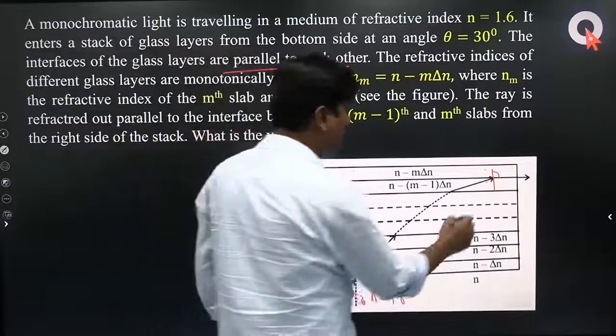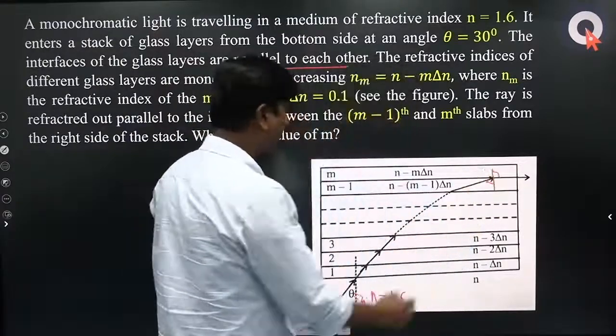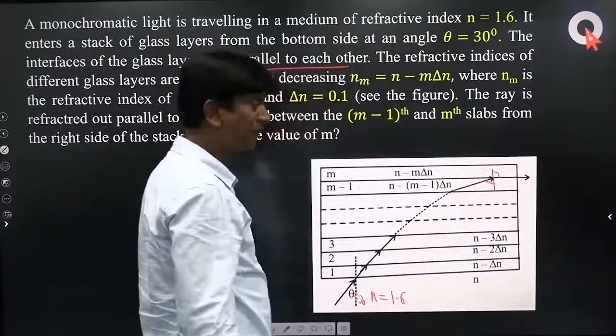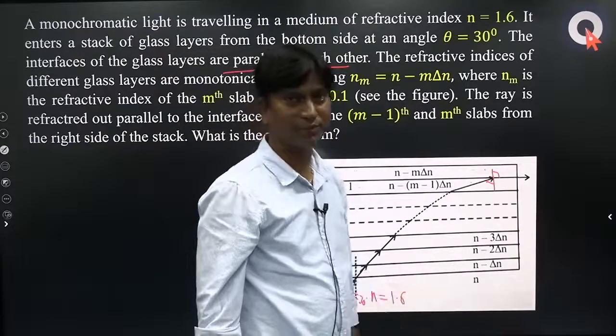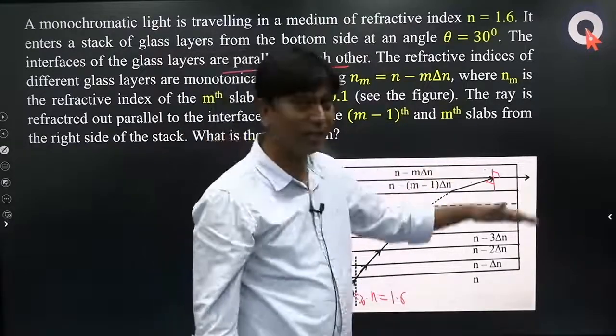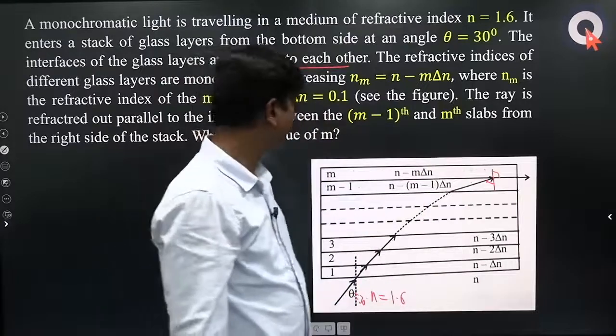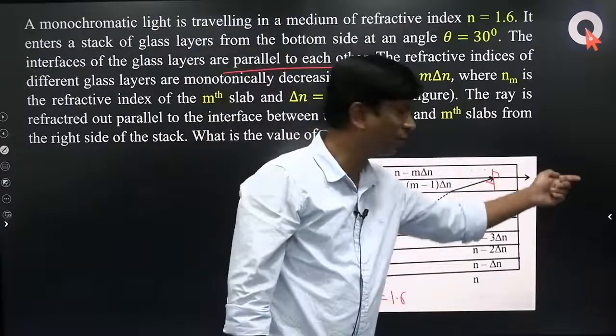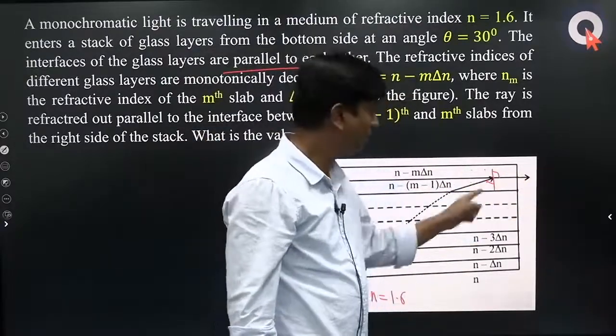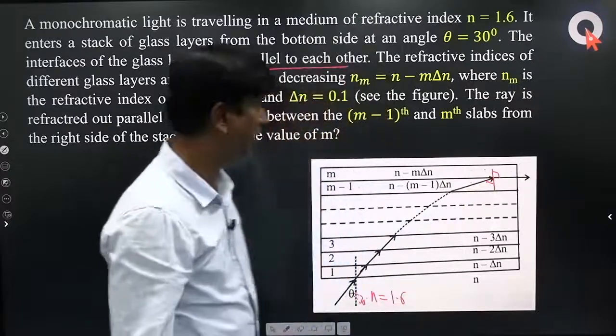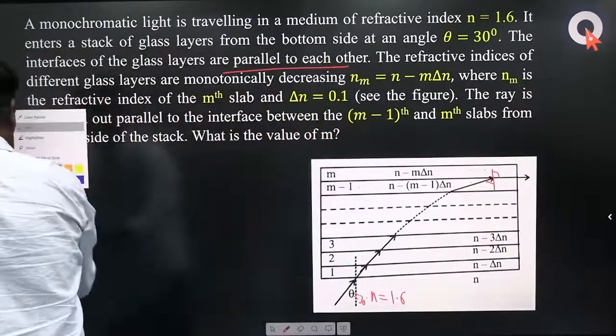So this will become the critical angle between these two layers, because it is always going from denser to rarer, bending away from the normal. So it is a critical angle, so that it will have 90 degrees there, right?